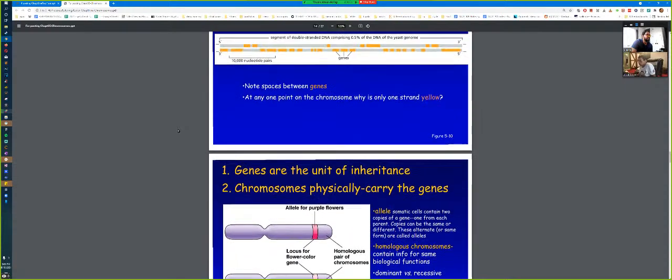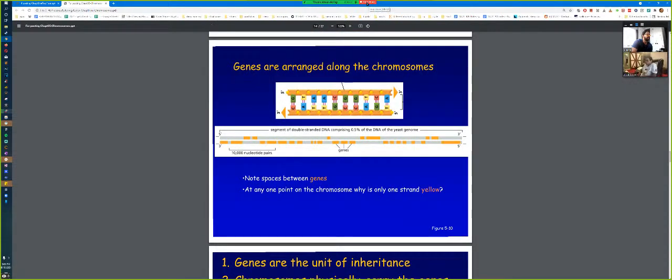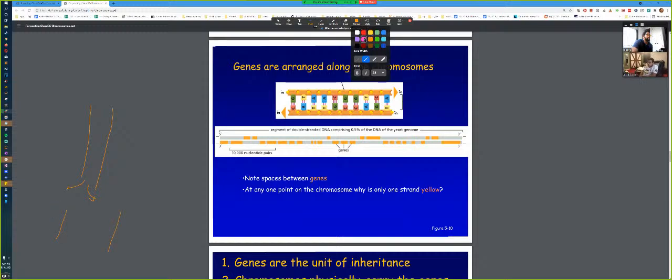They don't even explain it. But if I were to draw it, we have two strands of DNA, and let's separate them. 5 prime, 3 prime, 5 prime, 3 prime, right?